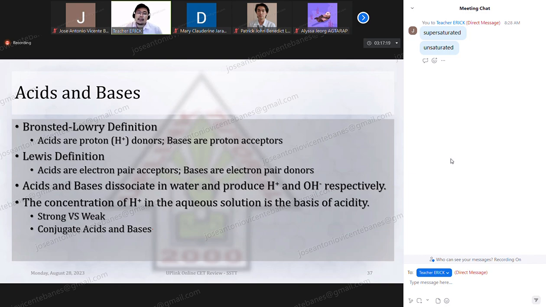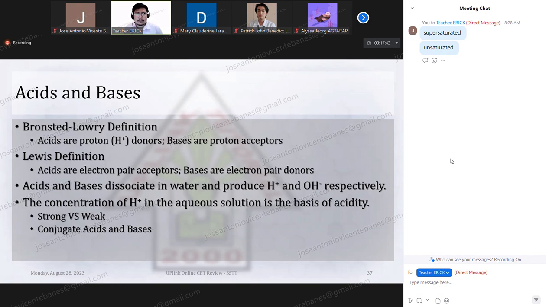So they will be reducing yung protons, but they will be accepting electrons in this case for the Lewis definition. And bases are electron pair donors. So this is the opposite of proton acceptors. Since they are receiving more protons, then they have to reciprocate by donating yung electrons natin.